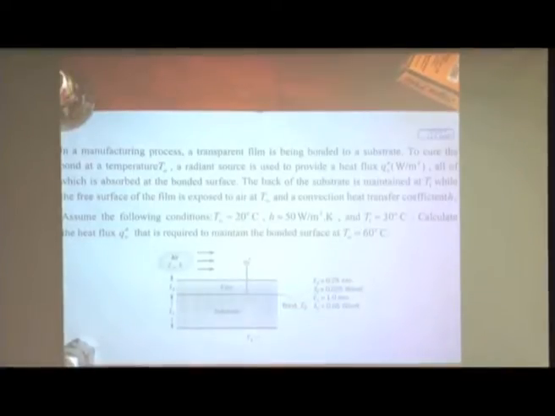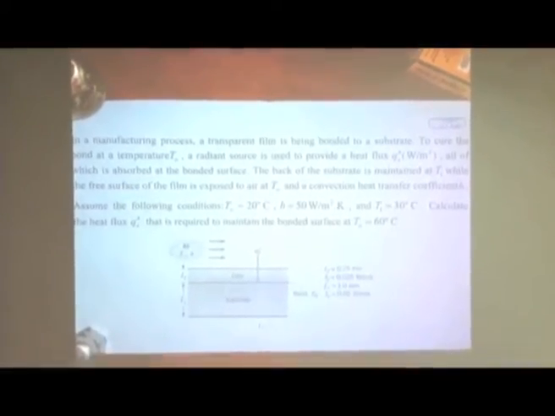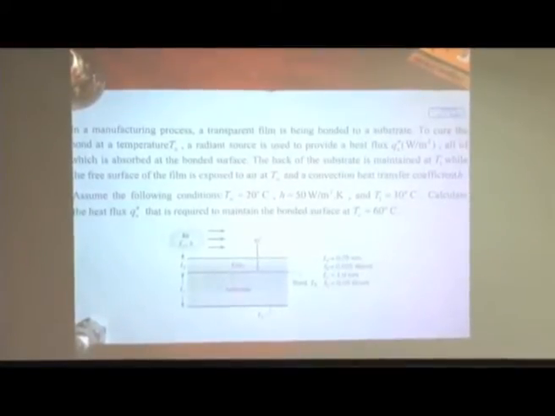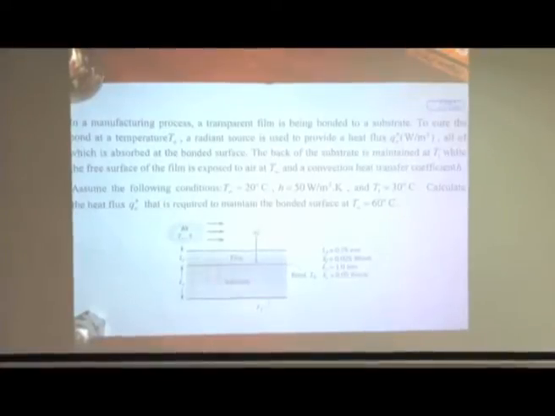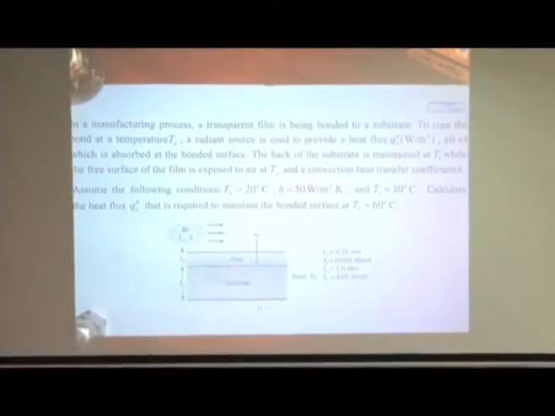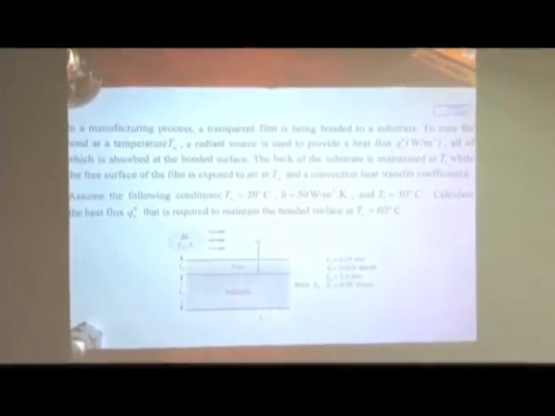This is a practical statement of a practical process. This is a transparent film which has to be bonded on a substrate. This is not our botheration, why this transparent film is being bonded to the surface, or some metallurgical things or some process operation which we are not bothered of. But this is the problem, film and the substrate.